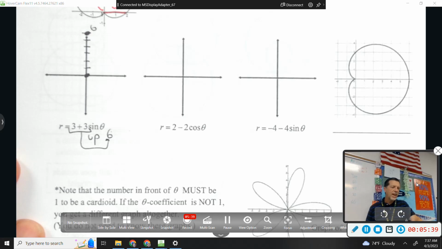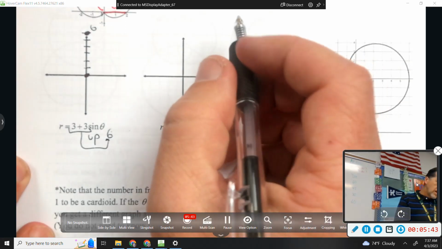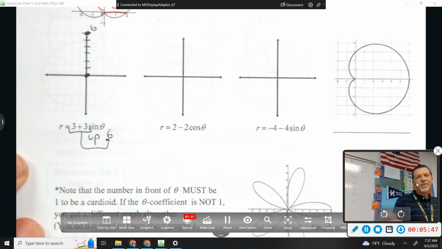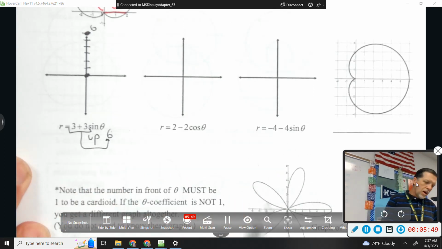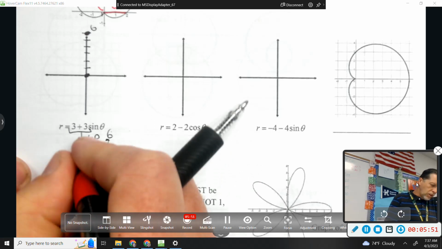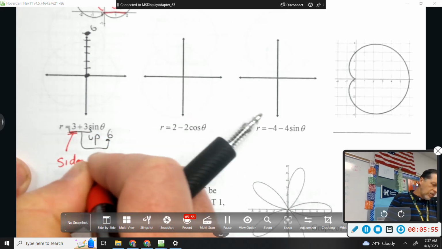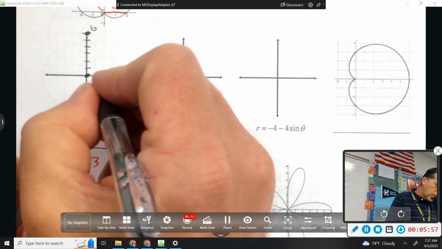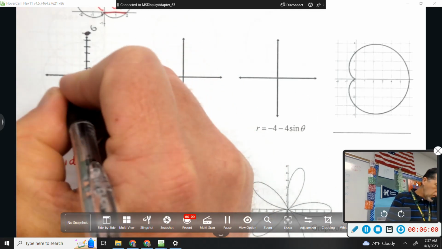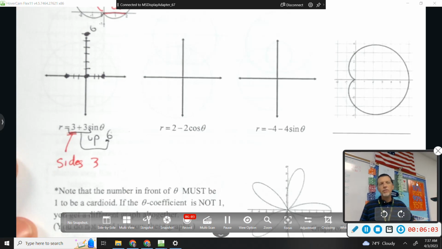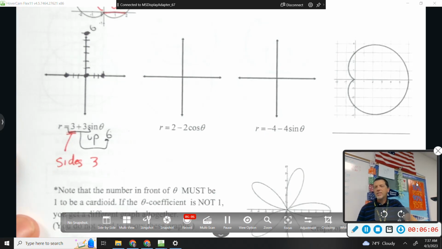How about my sides? 3 on either side. Again, it doesn't matter which one you pick because they're equal on this equation, but we should probably get used to using the a for what we do next. So the sides are 3 out: 1, 2, 3. 1, 2, 3. Okay, so you only got 4 key points, and it kind of makes a T.